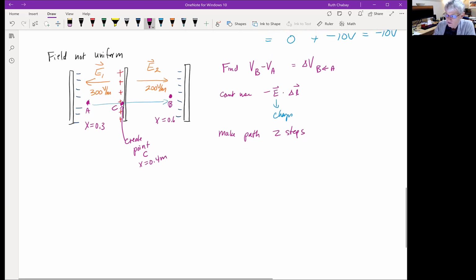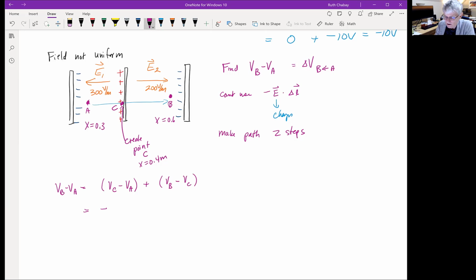Now we're going to say VB minus VA is going to equal the sum of these two steps. We're going to go from A to C, VC minus VA, and then from C to B, VB minus VC. And that is actually easy to do, because now we have a uniform field over each step.